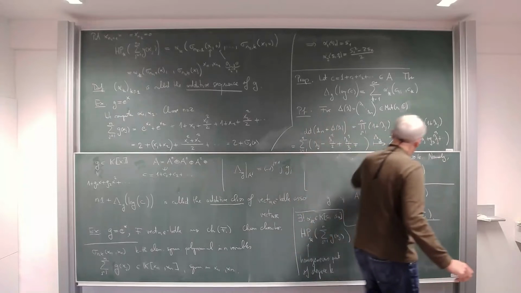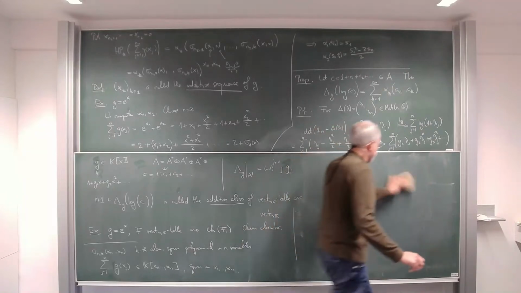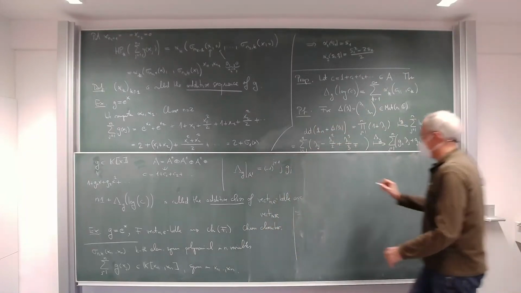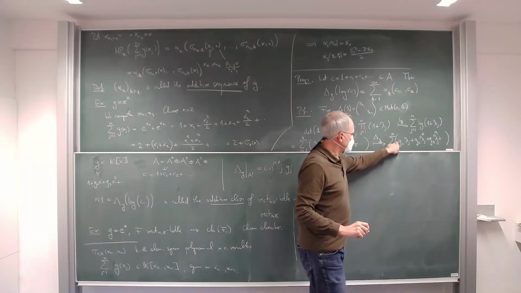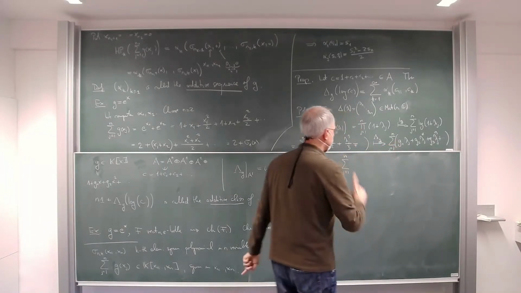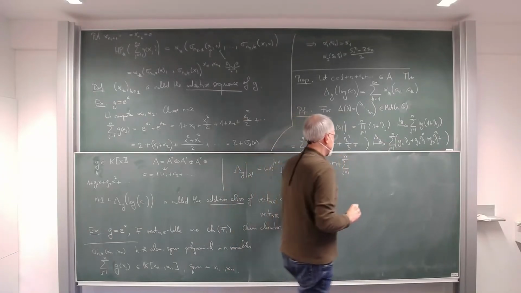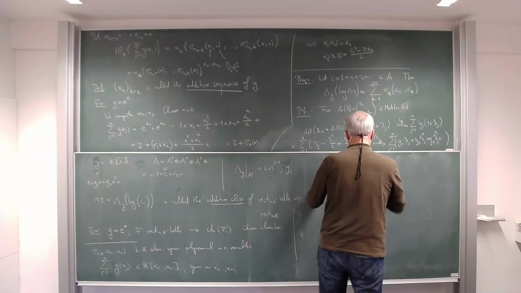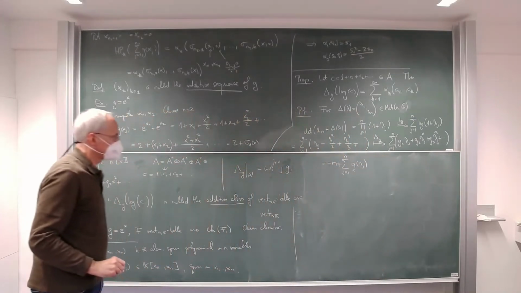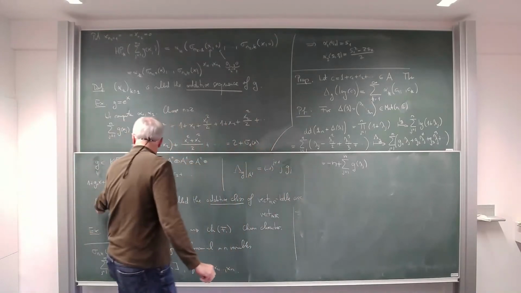Continue the computation here. So what we have, this is equal to the sum from j equals 1 to n. Only the 0 degree part is missing, and the 0 degree part will be 1. So I have to subtract this one, and then I can replace this one by g of lambda j. And this, of course, is exactly the n that we have on the other side here.